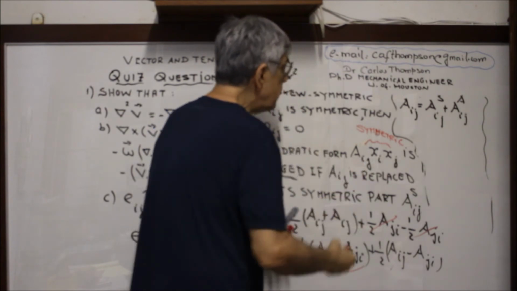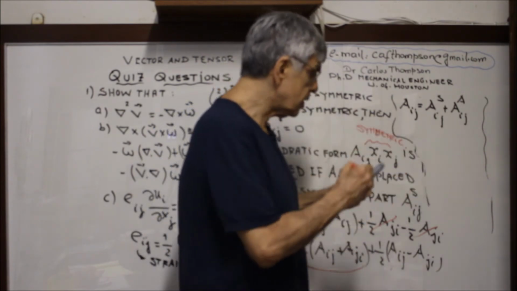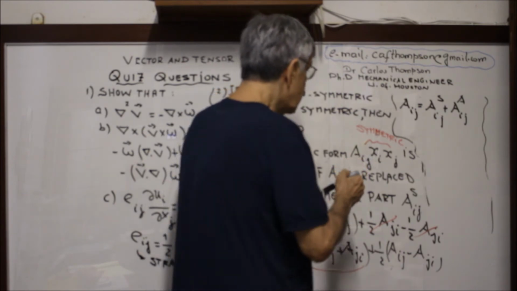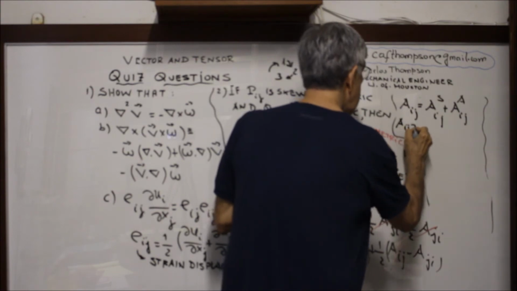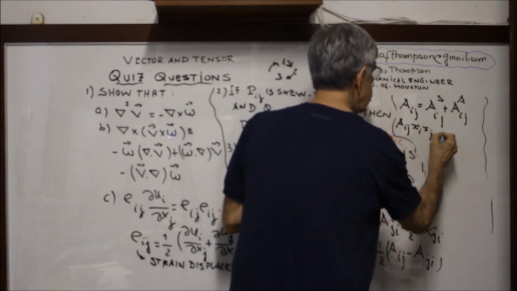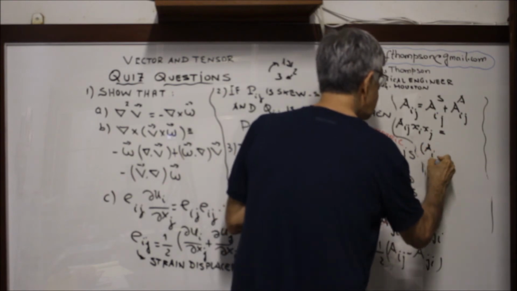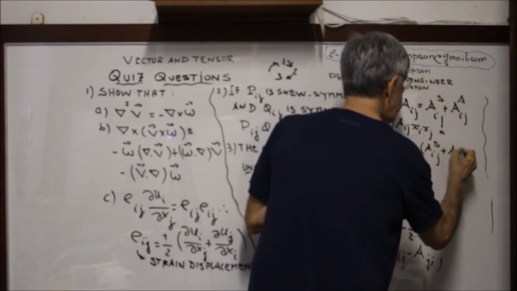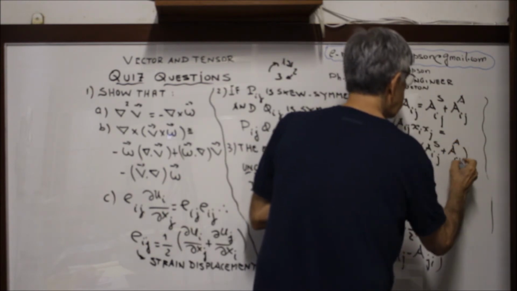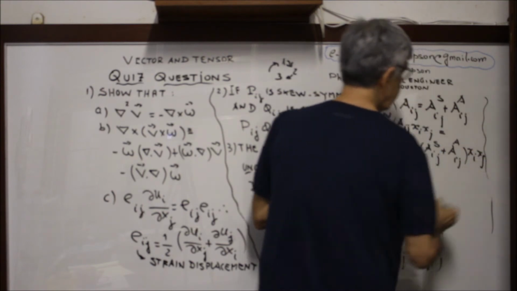Now, aij is decomposed into the symmetric part plus the anti-symmetric part. So aij xi xj is equal to aij symmetric plus aij anti-symmetric times xi xj.